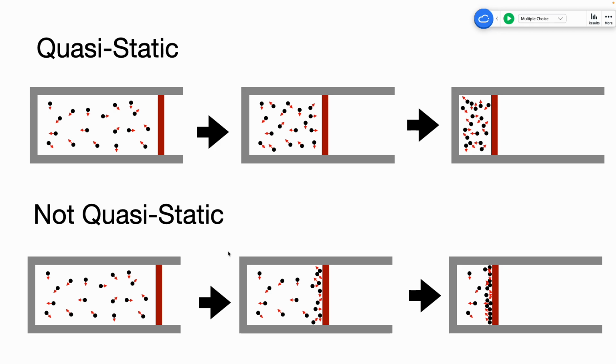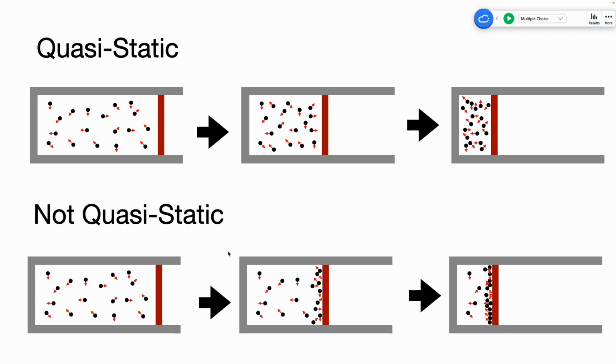Any question? Yeah. Sorry, can you explain that all again? Sure. The top one will happen when you push the piston really slowly, because if you push the piston too fast, the atoms that were originally here will be pushed and accumulate on the piston.